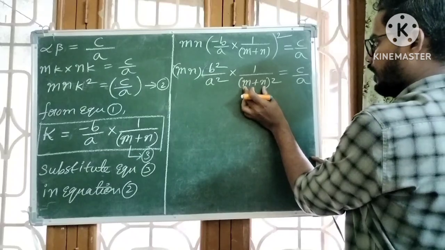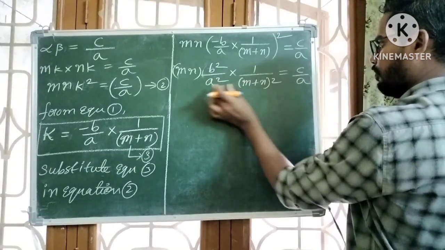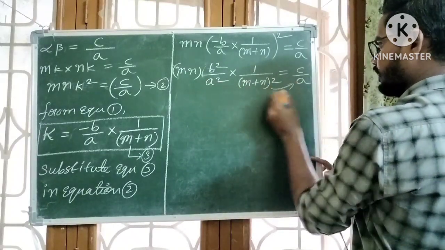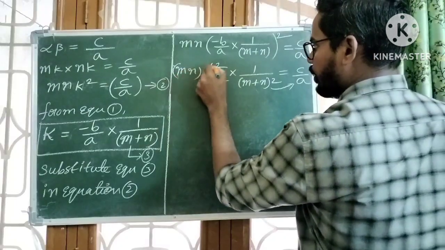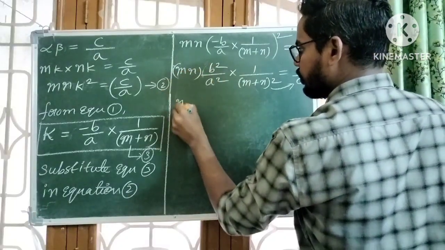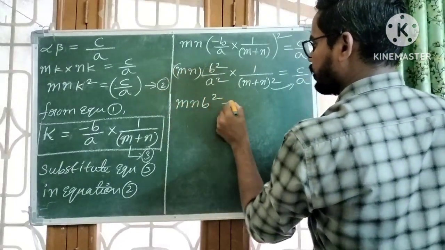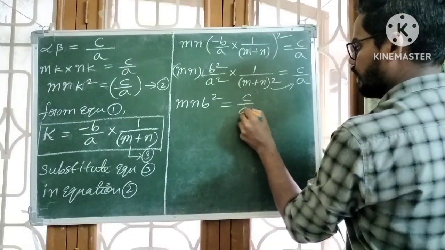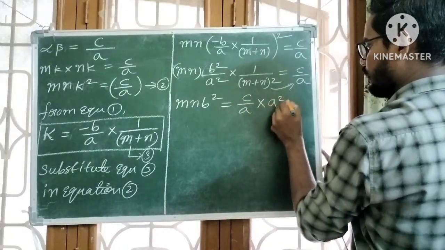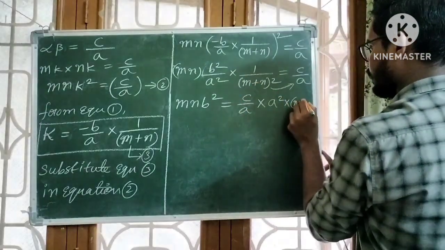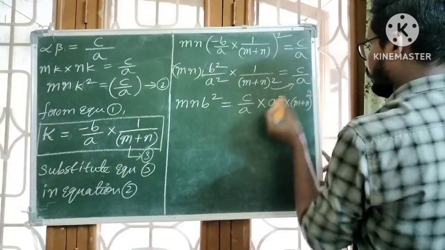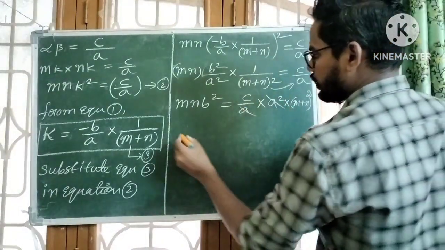Now transpose a square into m plus n whole square to the right hand side, division becomes multiplication. Here mn b square is equal to c by a into a square into m plus n whole square. A gets cancelled.